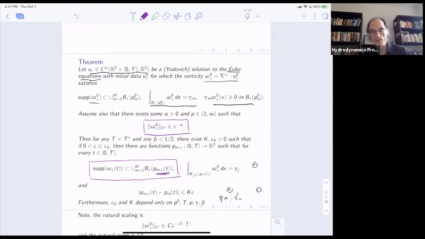P_m epsilon is the epsilon approximation of the m-th trajectory P_m. The support of the vorticity at time t is contained in a small ball around this epsilon approximation of the m-th trajectory.